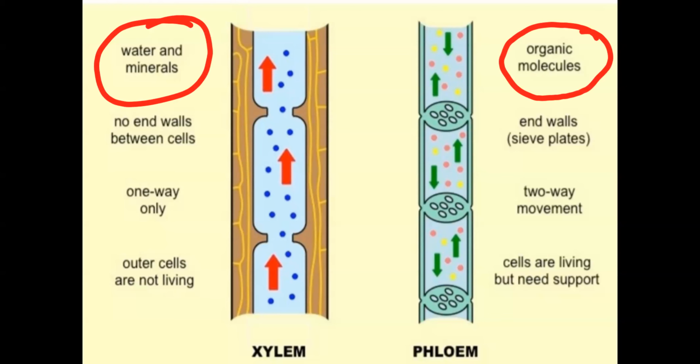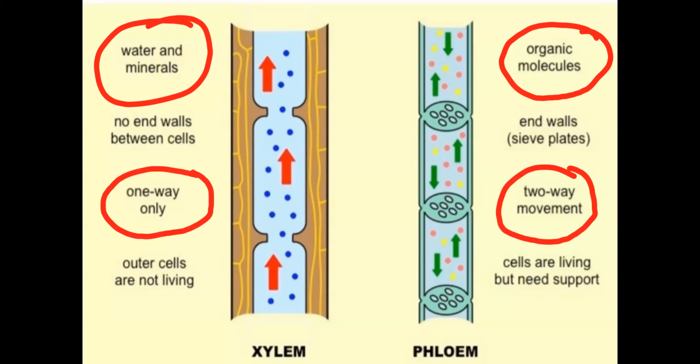Another thing, xylem conducts the material one way only, that is from root to the leaves. Phloem carries out this conduction two-way, most of the time from the leaves to the roots. Sometimes stored food from the root can be brought up to the emerging leaves, so it can be even upward. So bidirectional transportation through phloem is a possibility and reality.